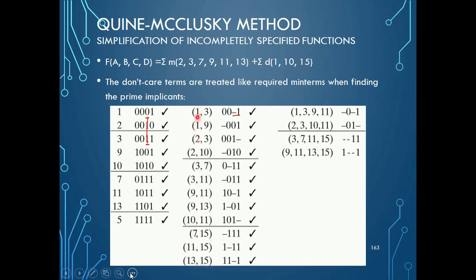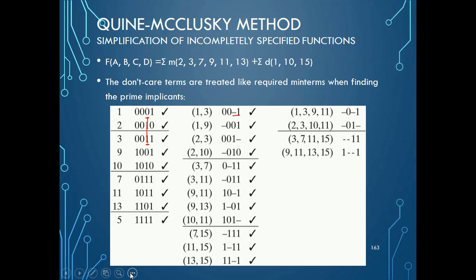As you have matched these min terms, you have tick marked them. The next step is to group again. In the second stage also you group based on the number of ones: a single one in this group, two ones in this group, again three ones in this group.